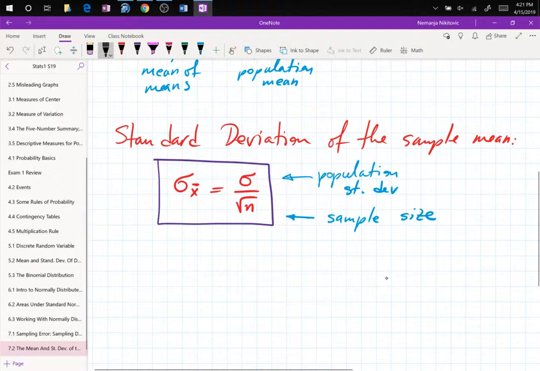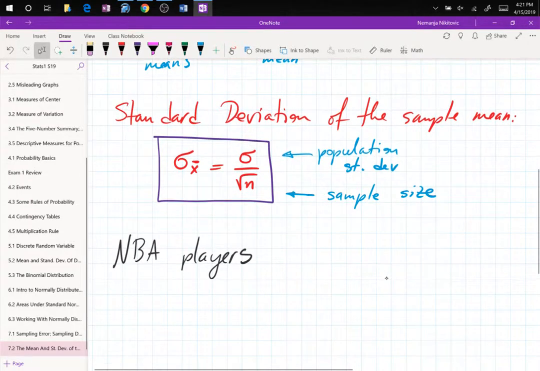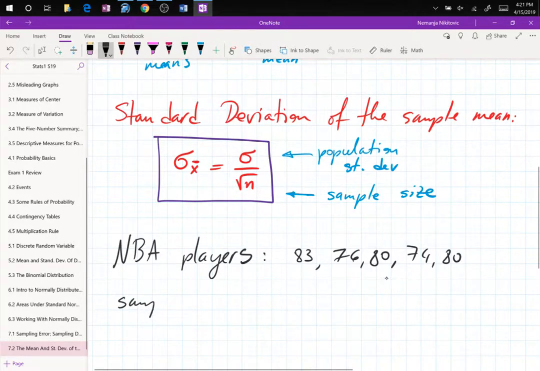So they give us basketball players, NBA players. They do list the names and stuff, but they're focusing on heights. So the heights are 83, 76, 80, 74, and another 80. Sample size n equals 4. So they want to compute.